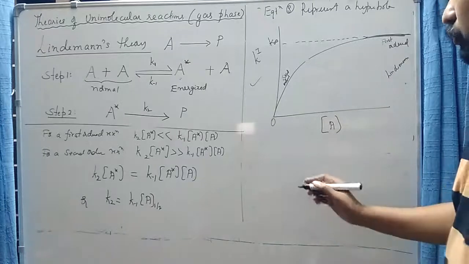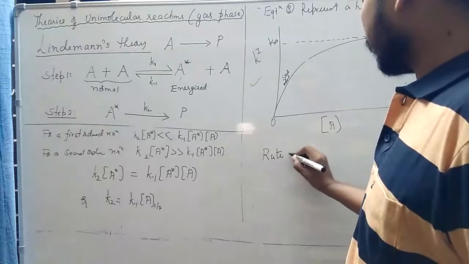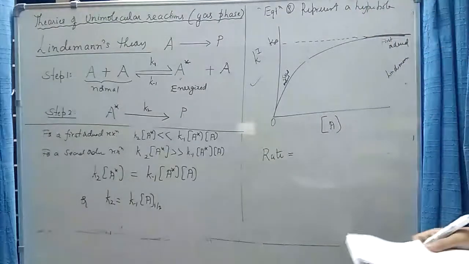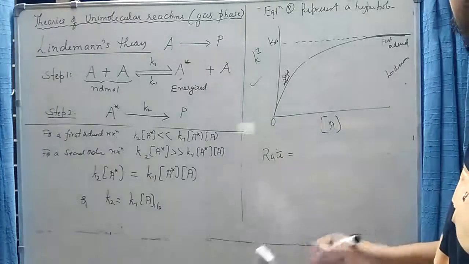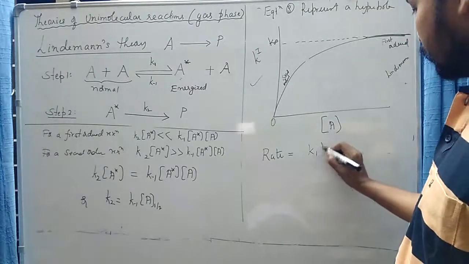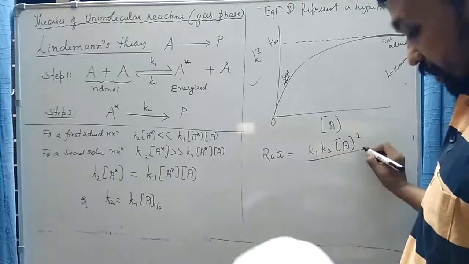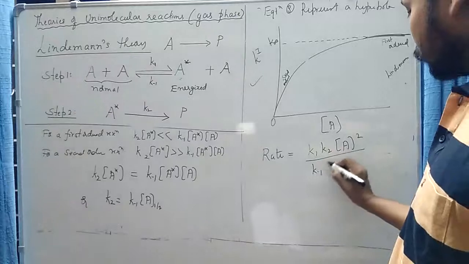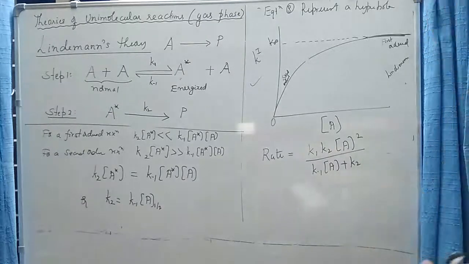Okay, so let me write the rate of the reaction according to Lindemann. I think it is equation number 3, Lindemann's equation. Yes, it is K1 into K2 into A square divided by K minus 1 into A plus K2.